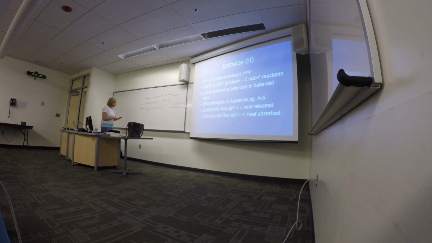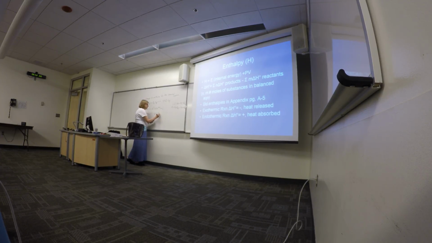So, 4 times 91.3 is 365 kilojoules per mole. 82.6 times 2 is 165.2 kilojoules per mole.